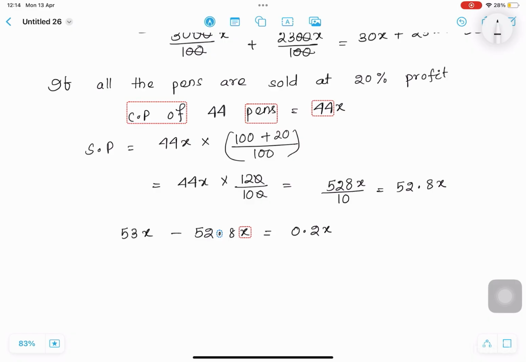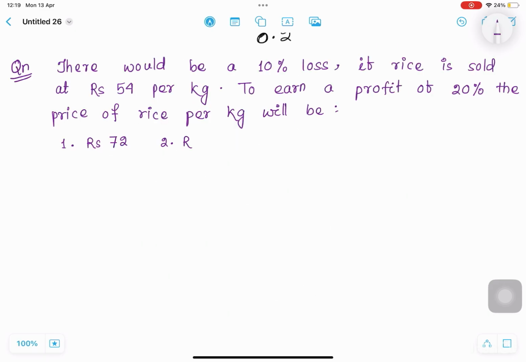So that 0.2x equal to 5.6 rupees. We have to find the x value. So 0.2x equal to 5.6, x equal to 5.6 by 0.2, that is 28. So our answer is 28.